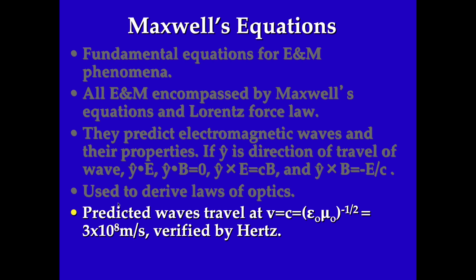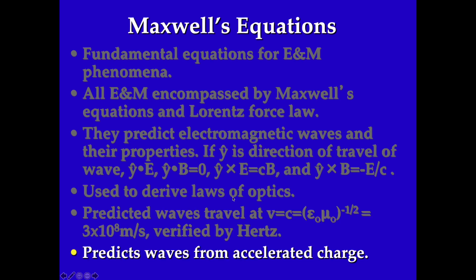And this was verified by Hertz. In fact, quite a few of the predictions that Maxwell made with his equations were verified by experiments carried out by Hertz. One more thing he did with the equations is that he was able to predict that electromagnetic waves are produced when charges are accelerated.